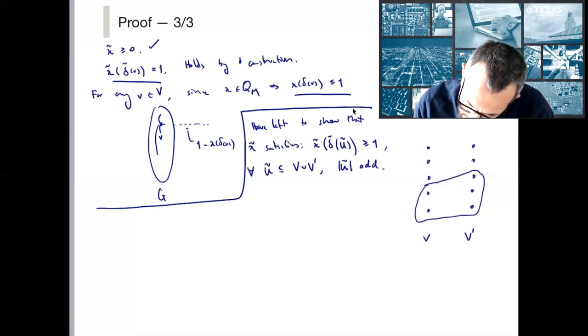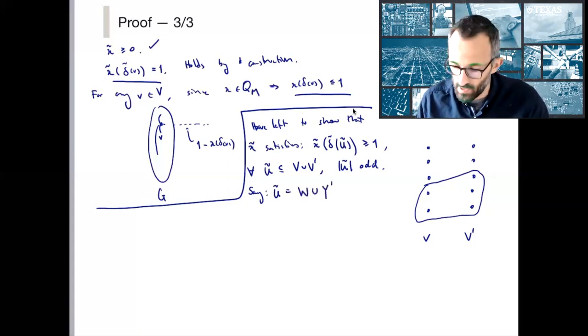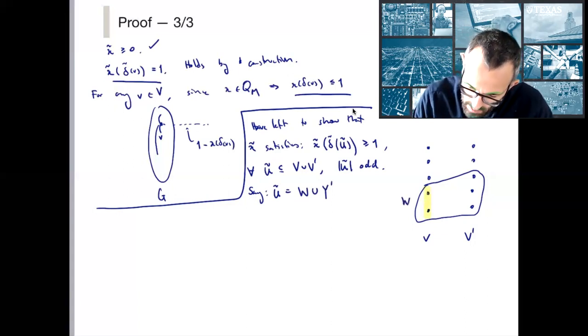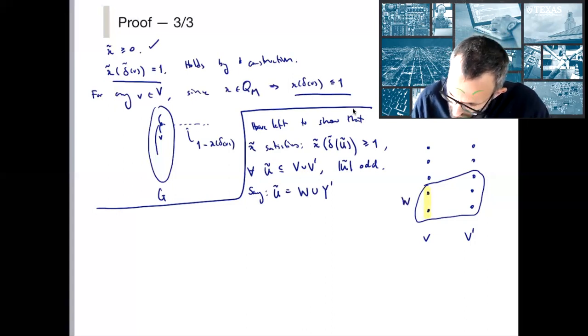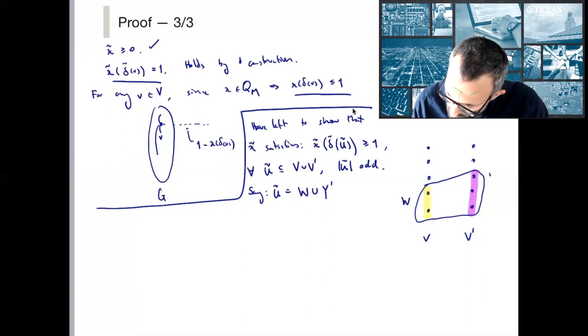So let's say that u tilde is equal to w union y dash. So in other words, with this notation, these two nodes are equal to w, and picking a different color, these three nodes are equal to y dash.